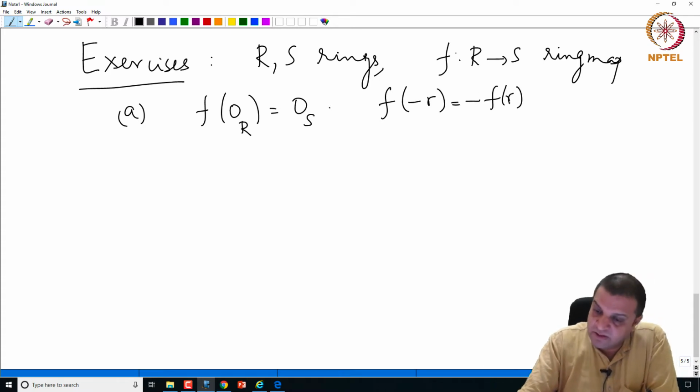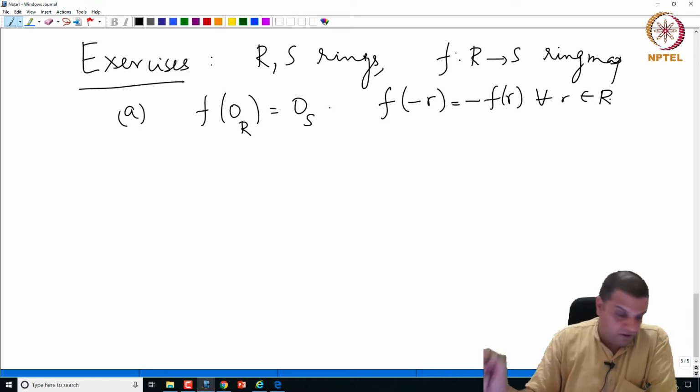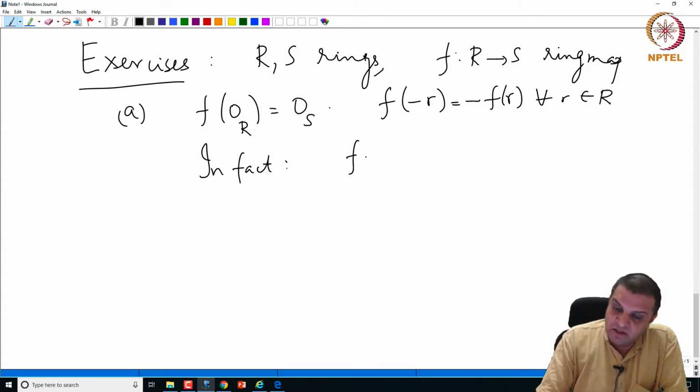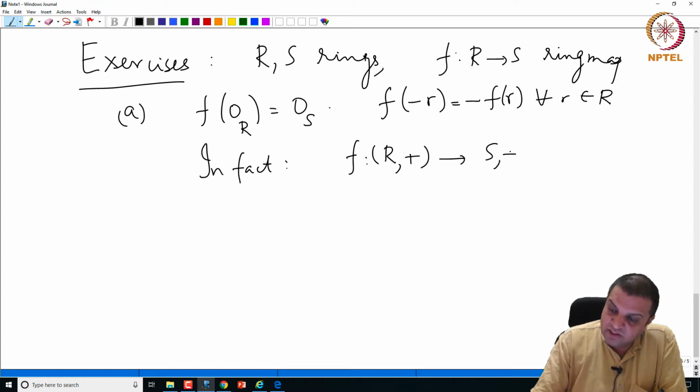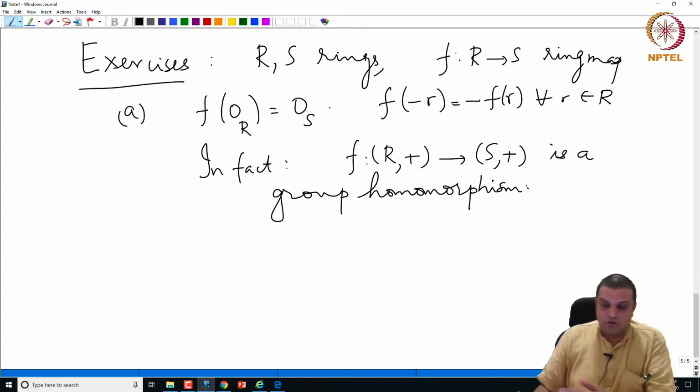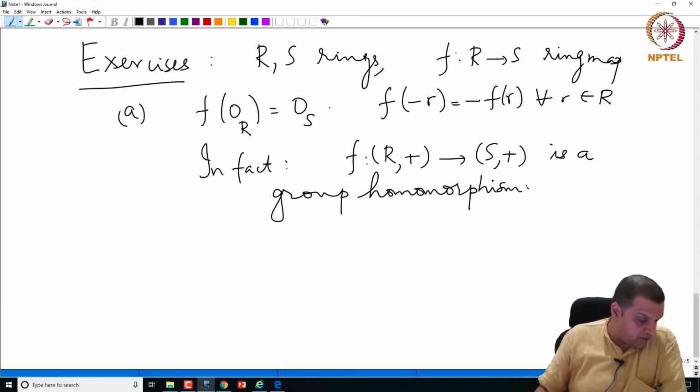Minus denotes additive inverse in the two different rings, for all r in R. So in fact, putting these together, we see that if you think of it not as a map of rings, but from the abelian group R plus to the abelian group S plus, it is a group homomorphism. That's the first observation that we would like to make.